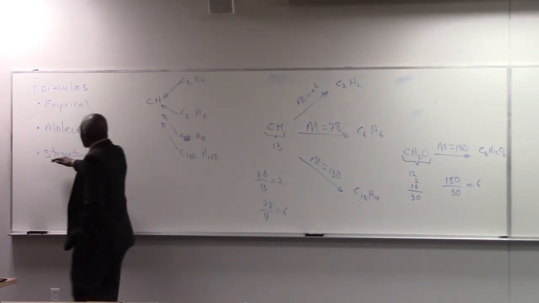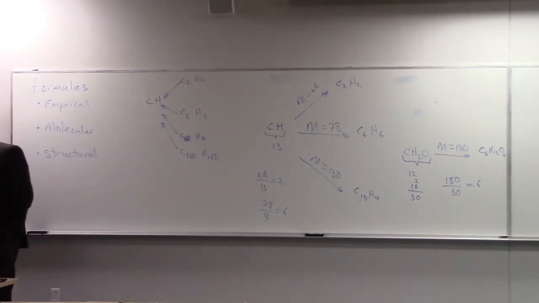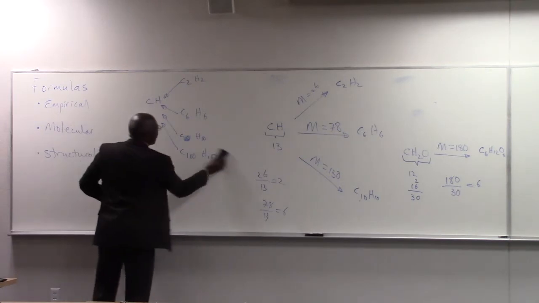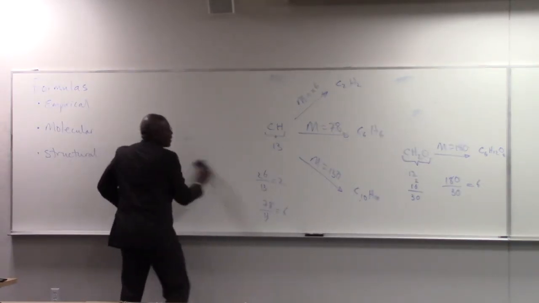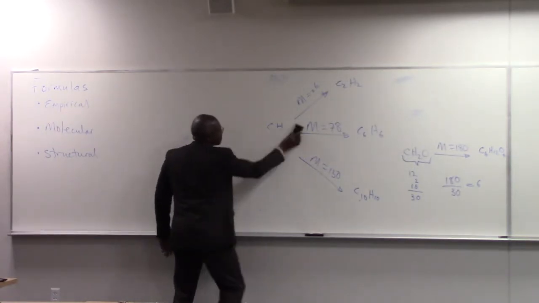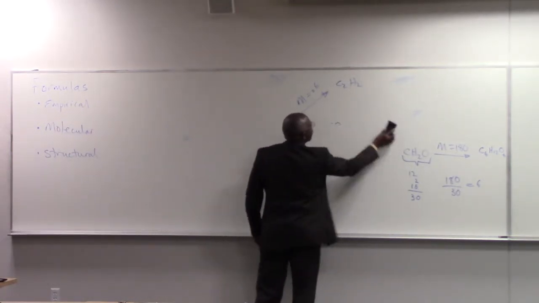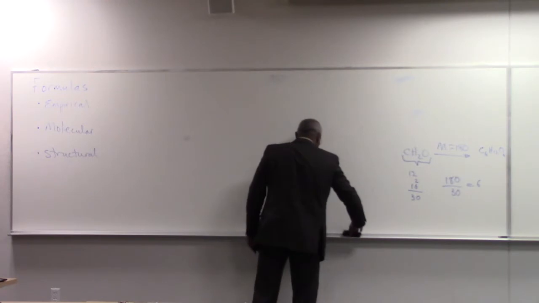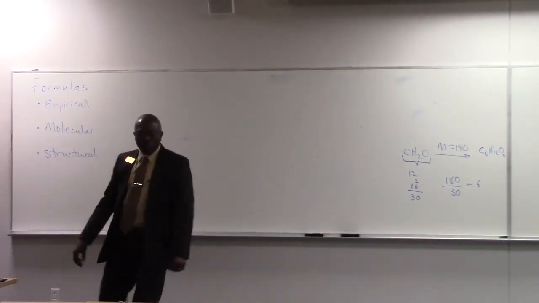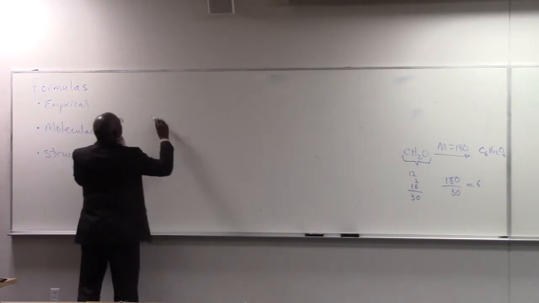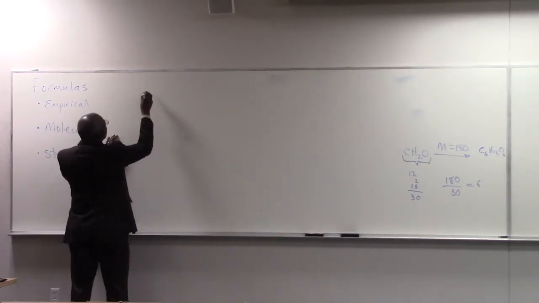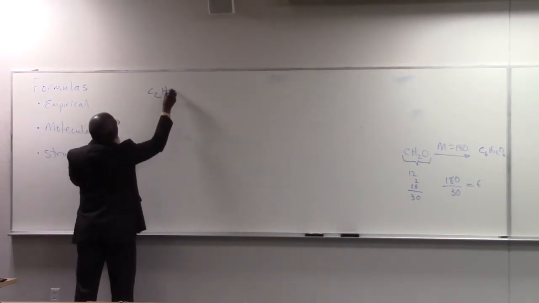The third kind of formula is structural formula. And if I had a choice of all three, I would take the structure. So let me give you an example. If I tell you I have a compound whose empirical formula is C2H6O.